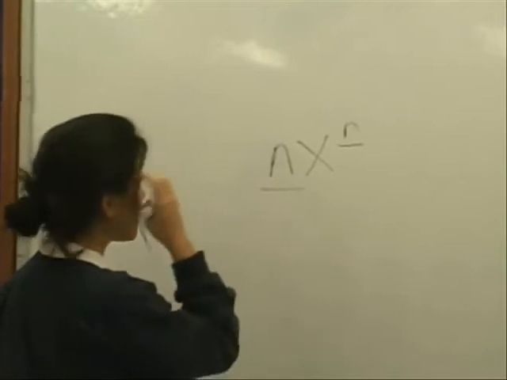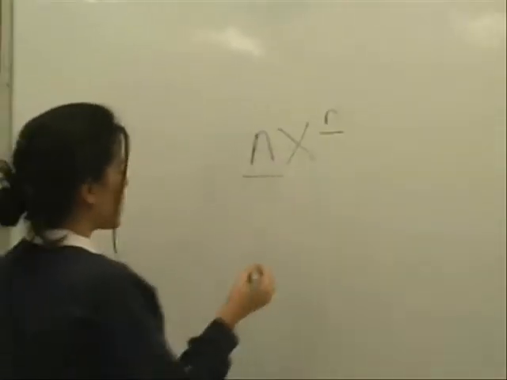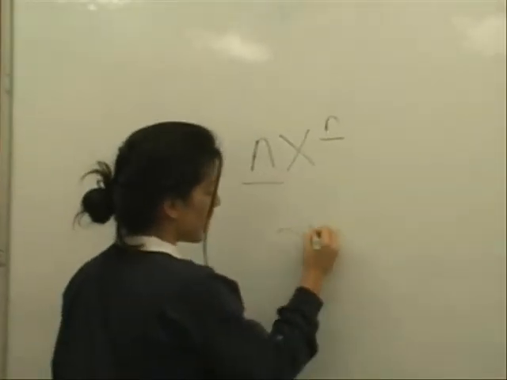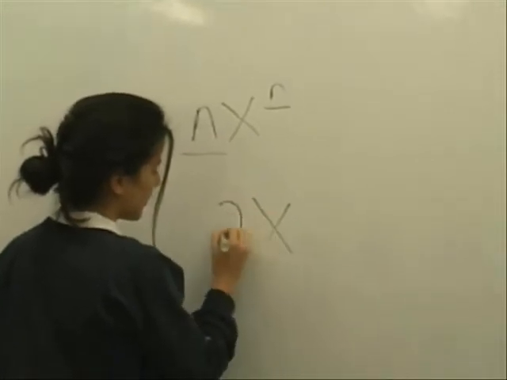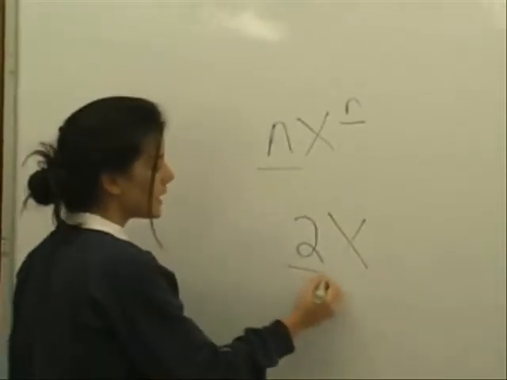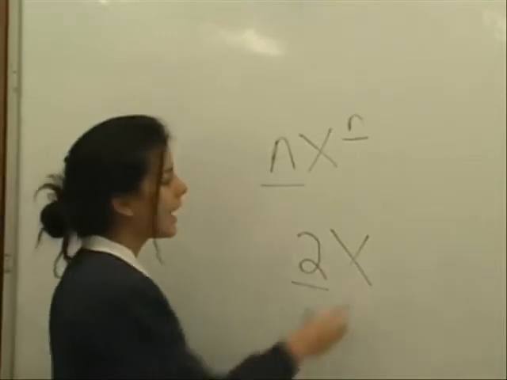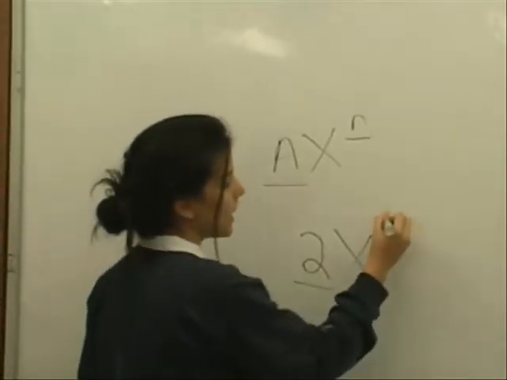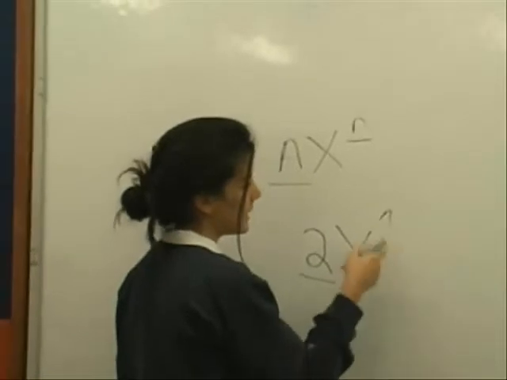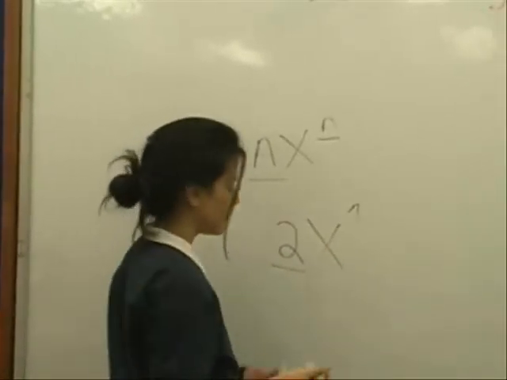So, an example of a polynomial in X will be 2x, because 2 is a real number, and the exponent here is 1, and it is a whole number.